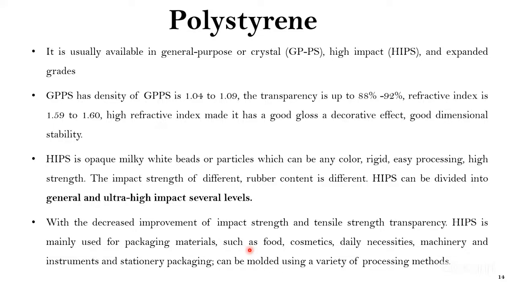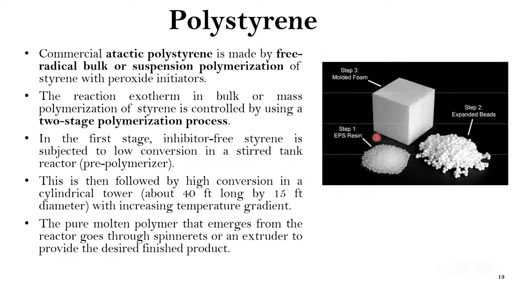Okay, but that powder form, is it only polystyrene or is it also something else? Step one is also polystyrene, and step two is also polystyrene. Yeah, like if you get expanded polystyrene, this expanded polystyrene is a specific type of polystyrene.